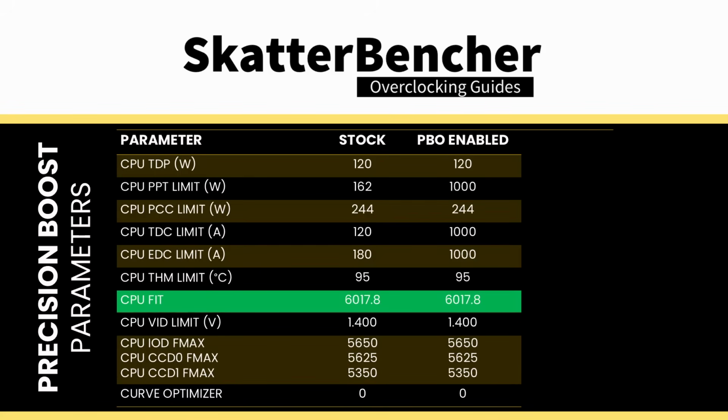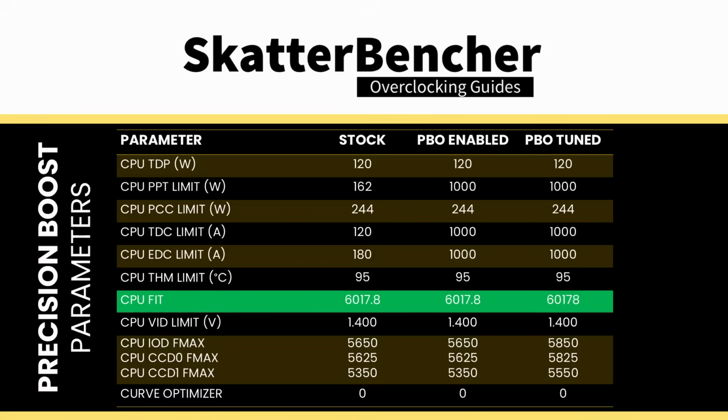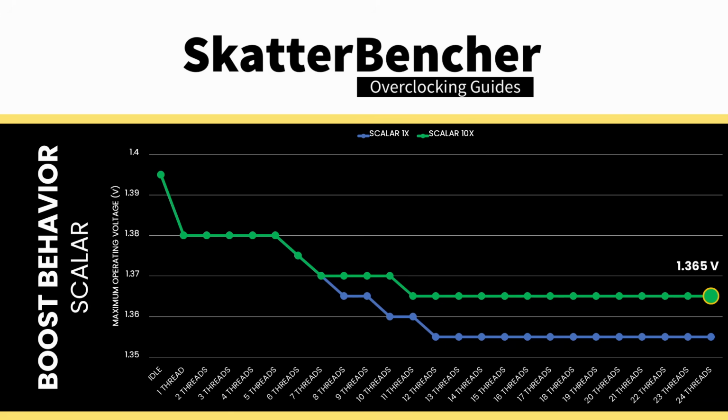The programmed FIT value of this particular Ryzen 9 9900X is 6017.8. So with a 10x scalar, the new FIT value is 60,178. We find that in an all-core workload, the maximum voltage increased to 1.365 volt. That's not a big increase, but in voltage-constrained scenarios, every little bit helps.